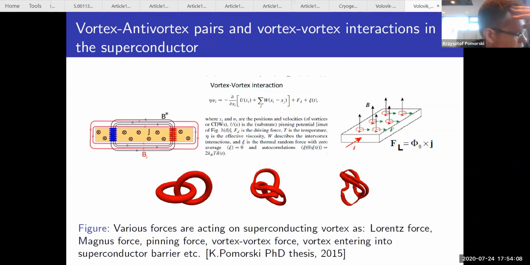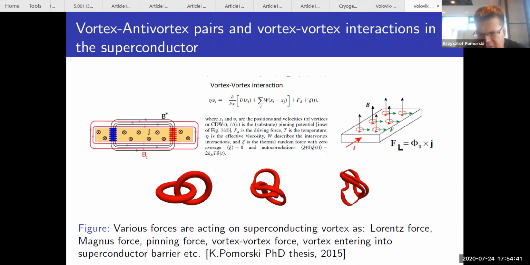All right, so there's also some kind of analogy with hydrodynamics. If you have a ball moving in a liquid, there is the so-called Magnus force, a force that tries to prevent the movement.